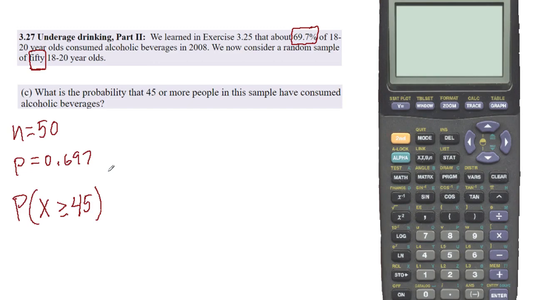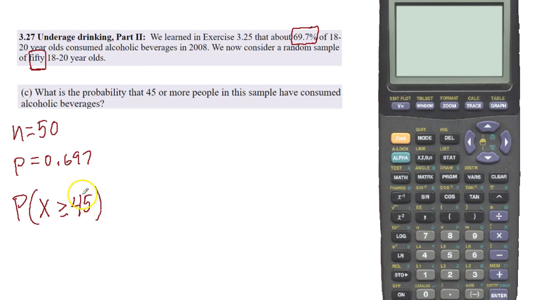Now, realize that we would use the PDF function if we wanted to find exactly some number. For example, if we wanted exactly 45, you'd use a binomial PDF. But this is asking for a whole series of numbers in a row.